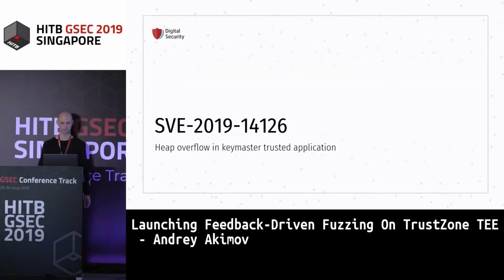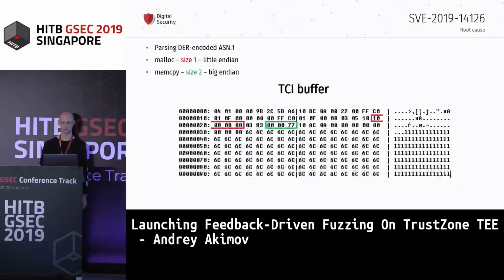It's arbitrary code execution caused by heap overflow in the keymaster trustlet. The vulnerability is in the code parsing the encoded ASN.1 structure in the TCA buffer. 2 fields in this buffer are used as sizes, one for allocating memory and the other for copying that size of memory.